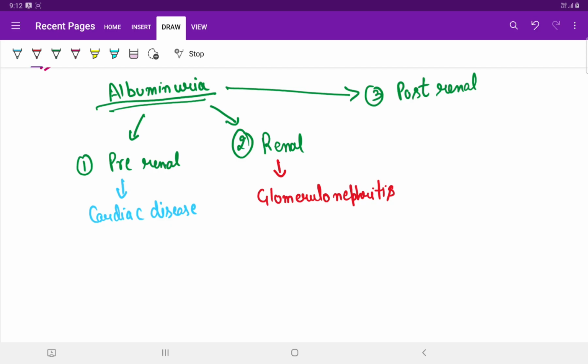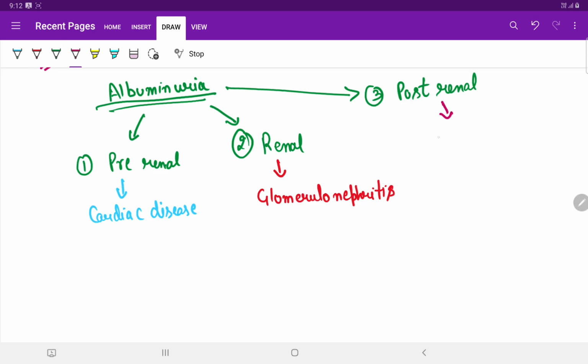In case of post-renal albuminuria, which is sometimes known as false albuminuria, it may be caused by inflammatory degeneration or traumatic lesions in the pelvis of the kidney, ureter, bladder, prostate, or urethra. Bleeding in the genitourinary tract also counts for post-renal albuminuria.